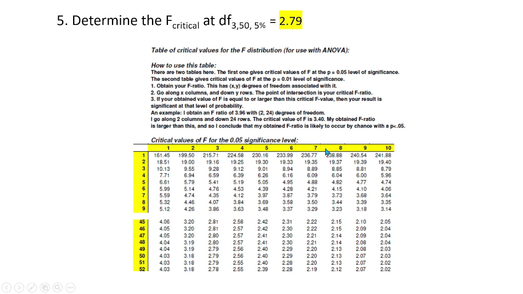These values here are for the degrees of freedom between, and these are for the degrees of freedom within. So our degrees of freedom between is 3, and our degrees of freedom within is 50. The value, which is 2.79, is the one that intersects between the 2 degrees of freedom. So our F critical is therefore 2.79.